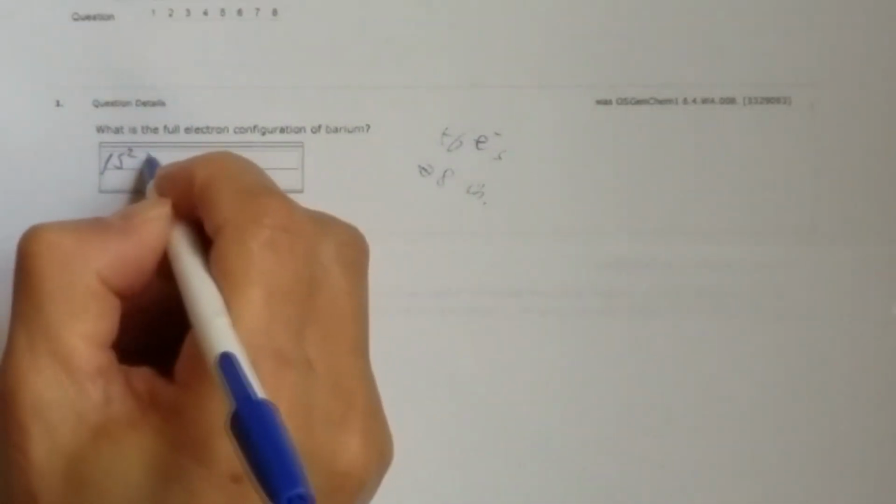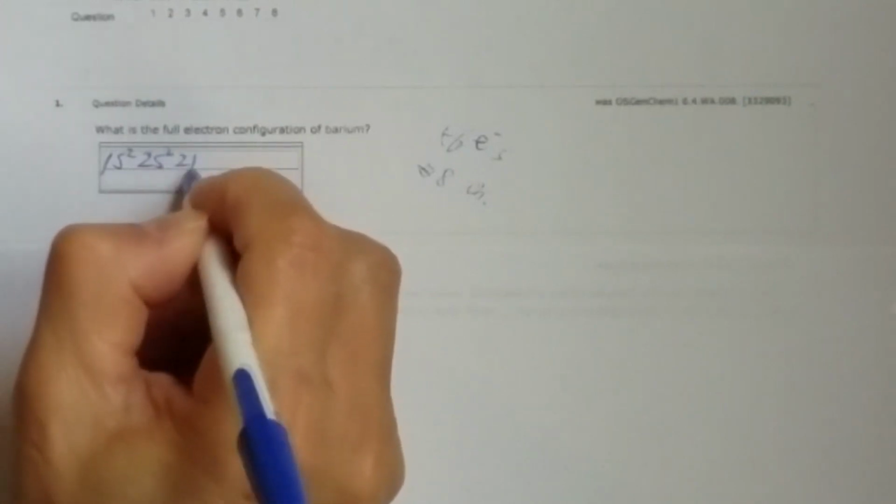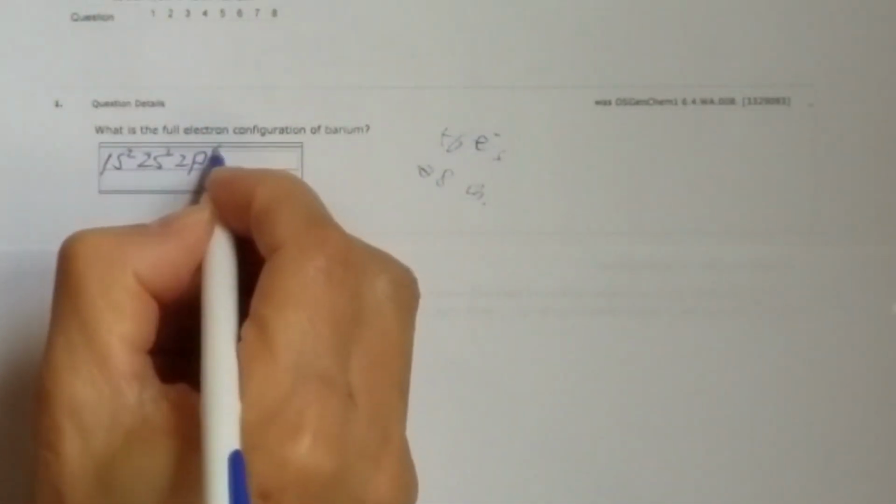Then after that, we have 2s2, 2p. How many electrons for the p orbitals? There are 3 p orbitals, so that is a maximum of 6 electrons.